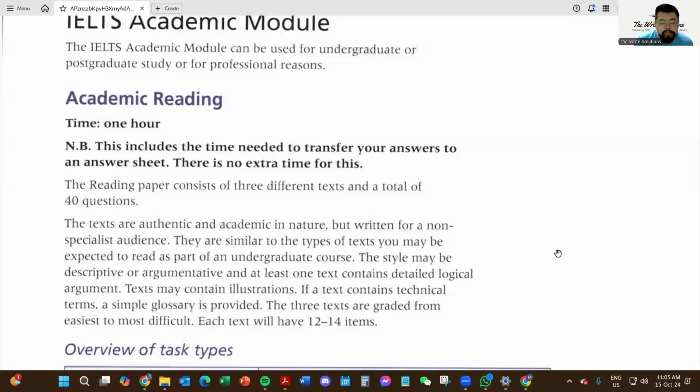They might be descriptive or argumentative. Descriptive means just describing the text, meaning that it will describe an item. Argumentative means that it may have an argument to prove. This essay will argue, or the author argues, that this is better than that, okay? It may also contain logical arguments.